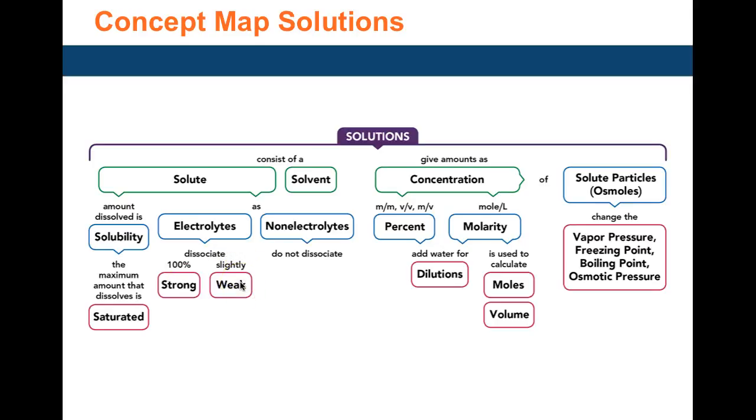Weak electrolytes form some ions, but mostly they remain intact as molecules. So you can get a slight light bulb signal with a weak electrolyte. They conduct a little bit of electricity.